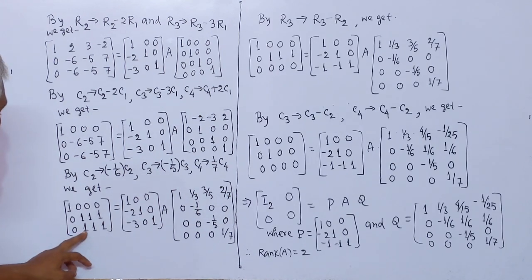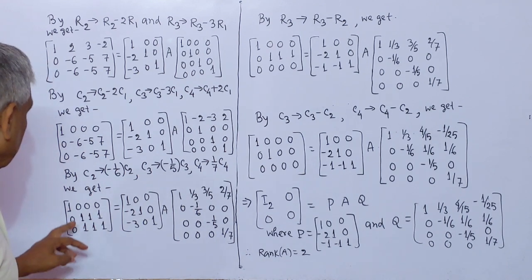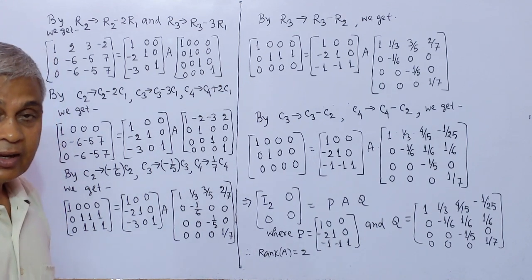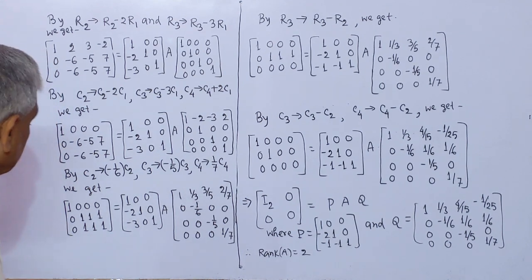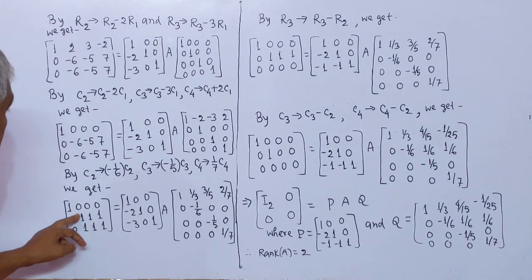Here we have to make 0. Here 1, 1, we generally try to make in the form of unit matrix. We try to make the diagonal elements 1 and other elements 0. So we have to make here 0. This is row 3, so we have to perform row 3 minus row 2, and here it will become 0.